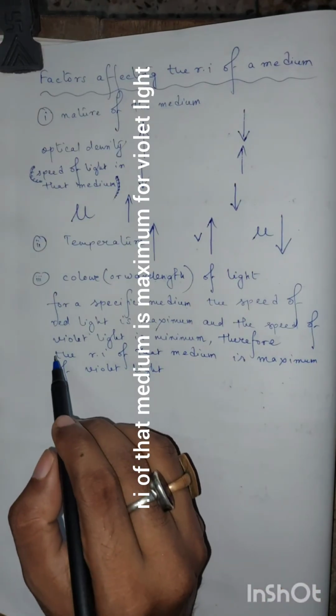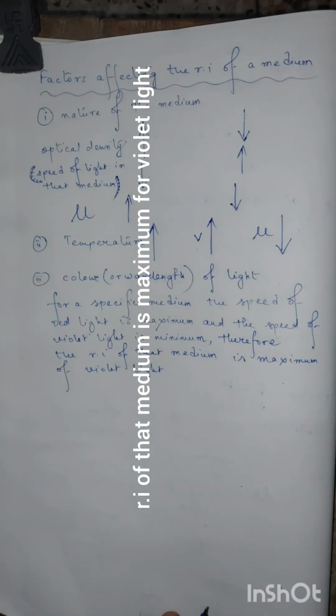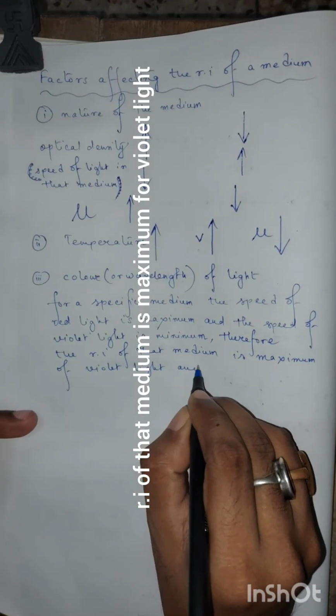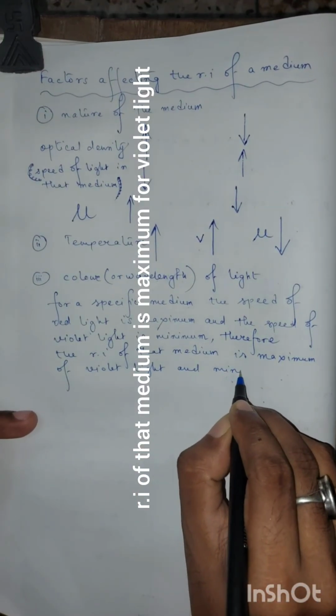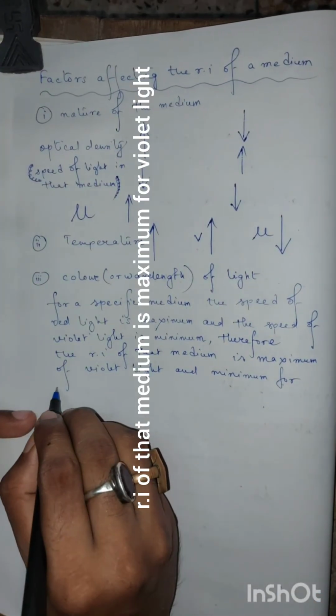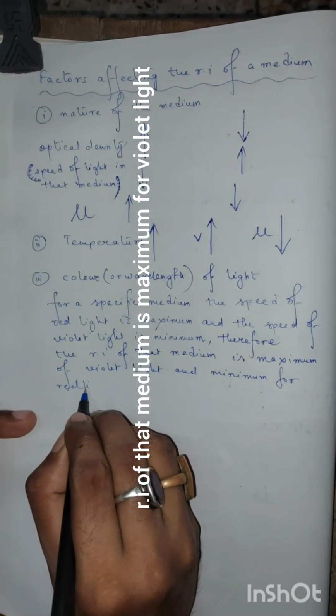As the speed of violet light is minimum, therefore we can say the refractive index of that medium is maximum for violet light and minimum for red light.